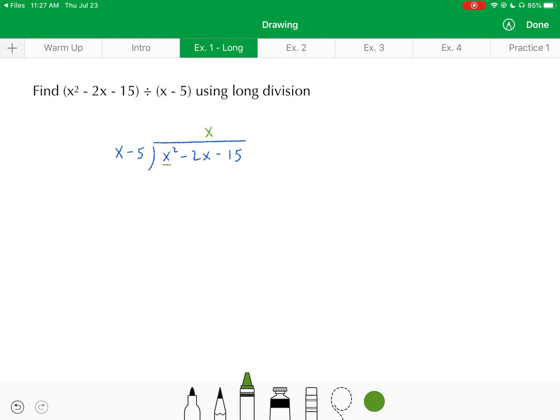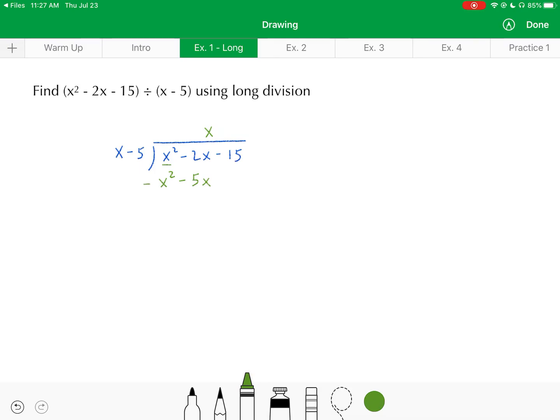And just like in regular long division of real numbers, whatever you put up there has to be multiplied by the divisor. So x times x minus 5 will give you x squared minus 5x. All right, and again, just like regular long division, you're going to subtract here.